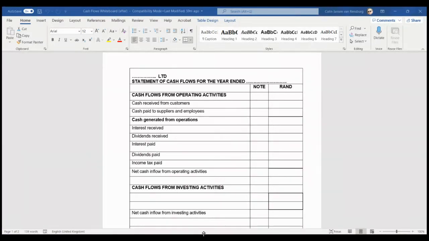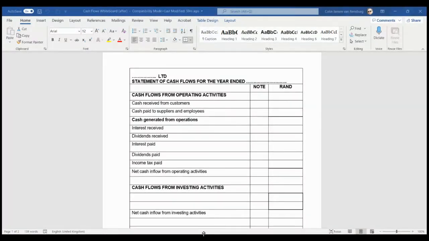So, good time again to make a few notes, ladies and gentlemen. That will include your suppliers of inventory. If you are a manufacturing business, that will be your raw materials, the suppliers of your raw materials. Or if you are just a merchant, in other words, you buy and sell merchandise, buy it to sell it at a profit, it will be the suppliers of your finished goods, the complete merchandise as you're going to sell it, but also the suppliers of any other goods or services to you.